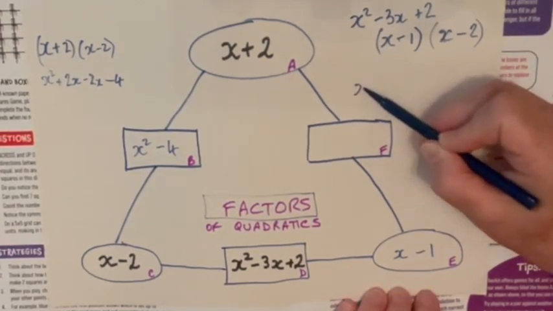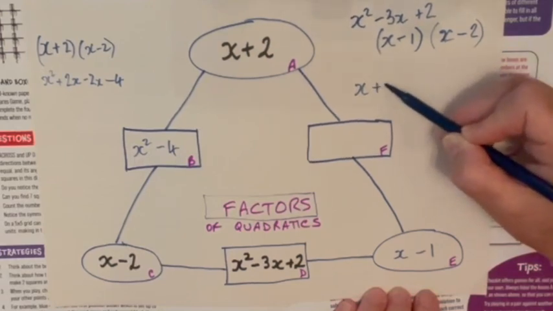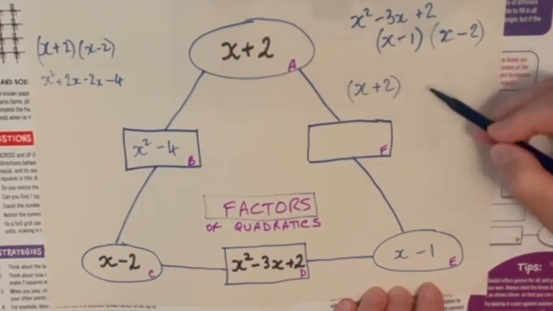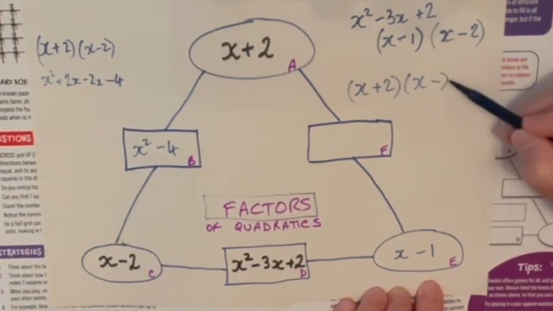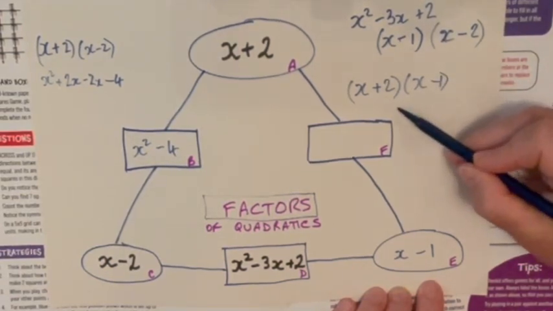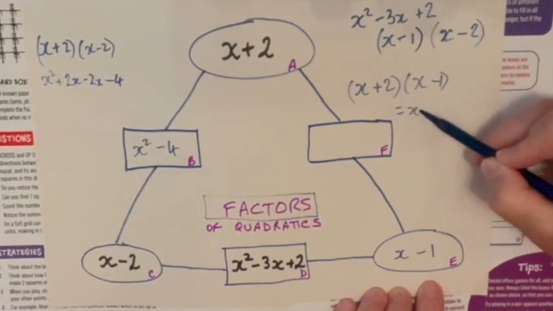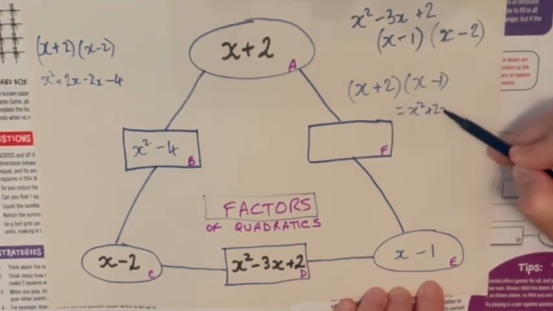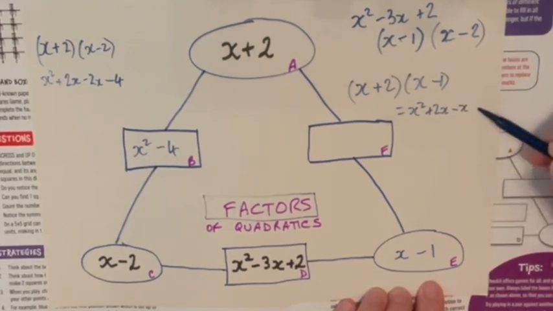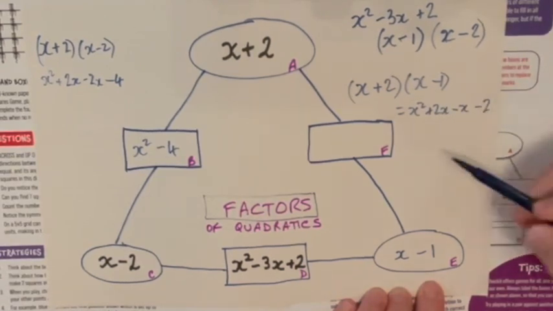And I don't know if there's a super simple way that Tony will explain if there is one. Now I've got x plus 2 times x minus 1, which equals x squared plus 2x minus x minus 2.